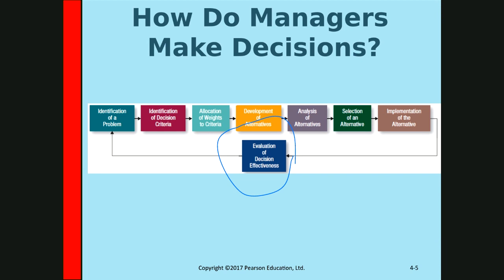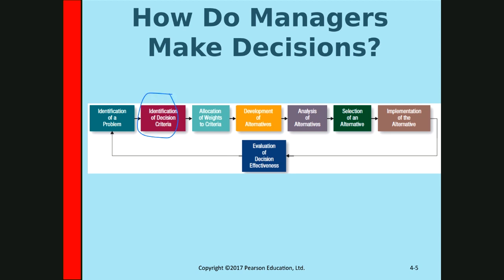So if we have not resolved the problem, there are a few reasons why it's not resolved. Maybe the problem identified is wrong, or you have identified the wrong decision criteria. You know what I'm trying to say?